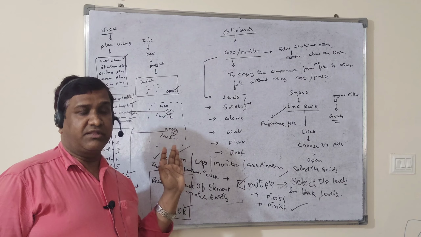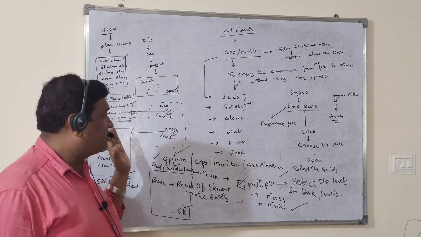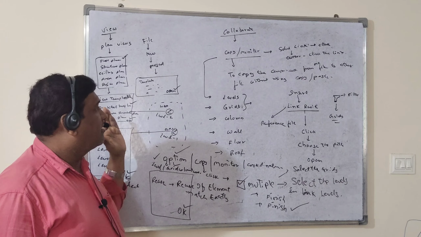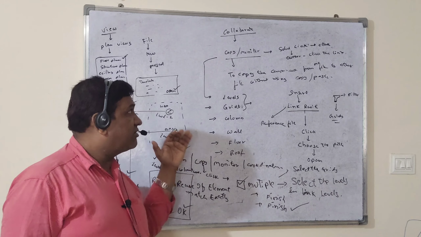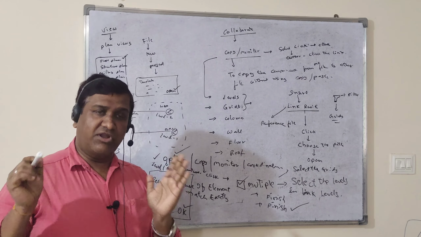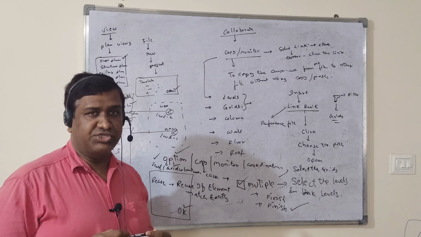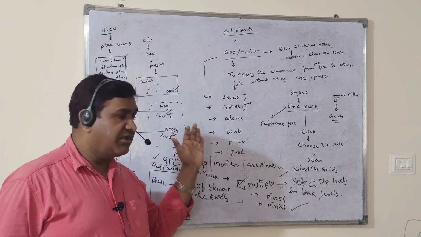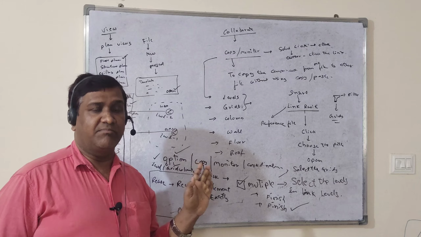So in each and every project, when you start, you go with copy monitor if it is necessary. If it is not necessary, you just leave it, no issue. But manually you have to do the process the same.